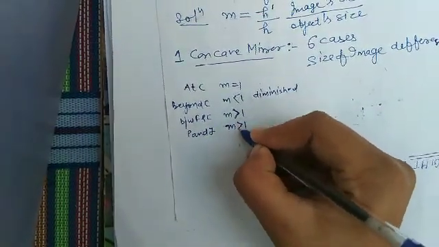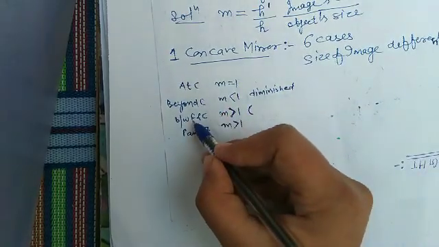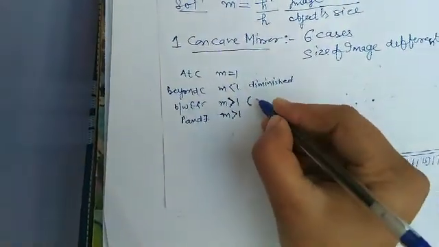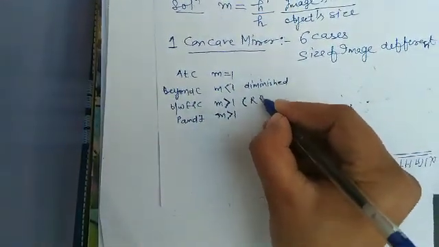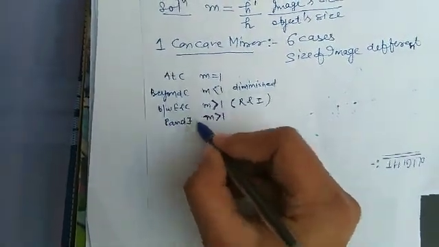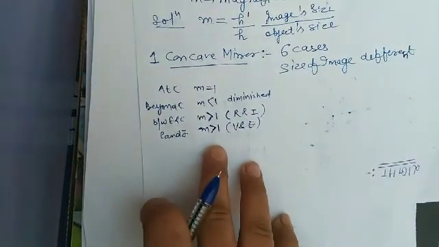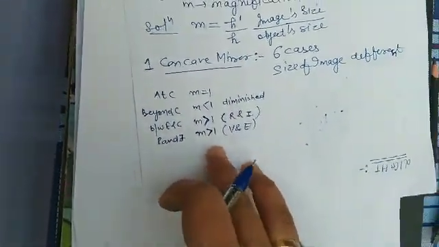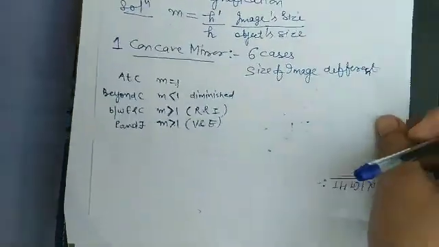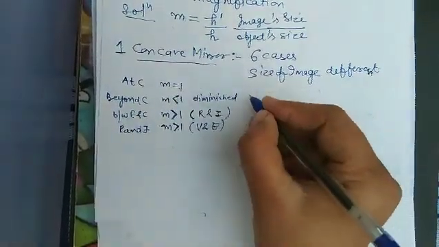In both the cases m is greater than 1, but in this case when object is located between f and c, the image was real and inverted. But in this case when m is greater than 1, between p and f, the image was virtual and erect. So for the concave mirror, m may be less than 1, equal to 1 or greater than 1. It all depends upon the position of object.